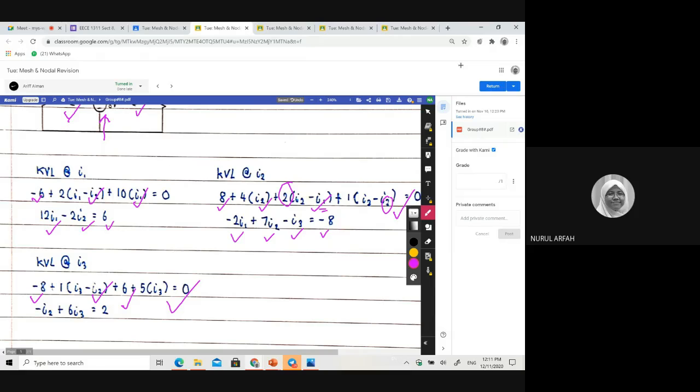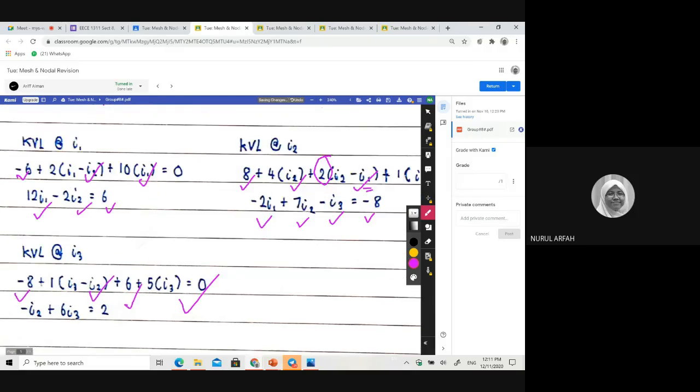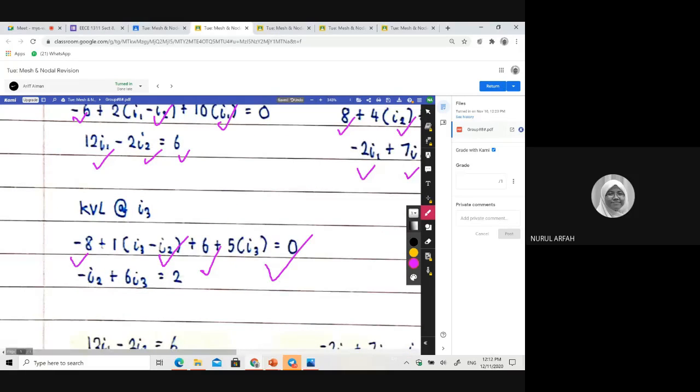Right. And then this part you have negative 8 with 6. So this is 2. Okay, done. And then you have I3. With I3 you have 6. Right. Negative 1 I2. Okay, everything is correct.